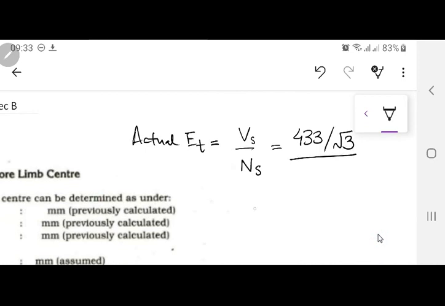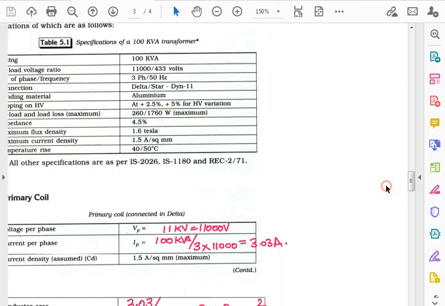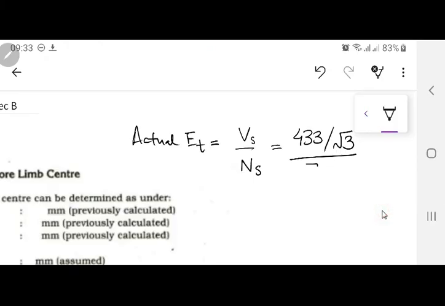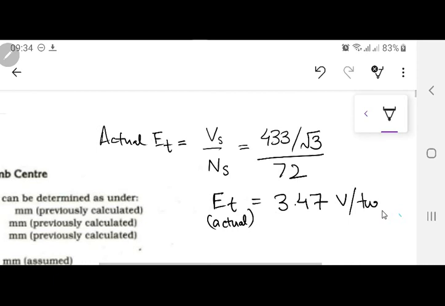And what was the number of turns we just did? 72. Please do this calculation and tell me the actual value of ET. Okay. 3.47 volts per turn. So this is very important, this ET.